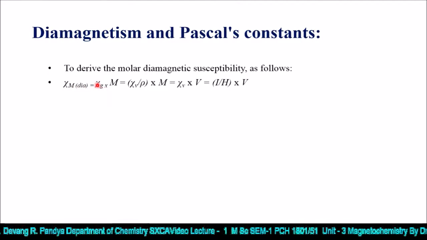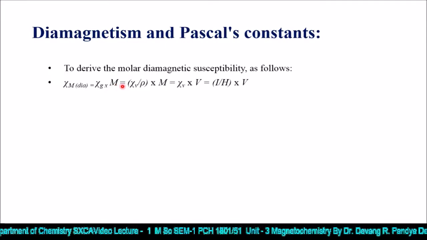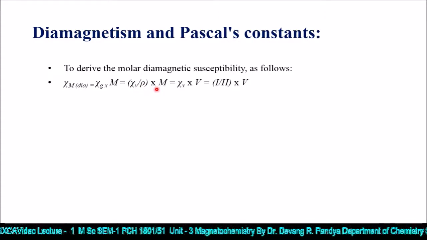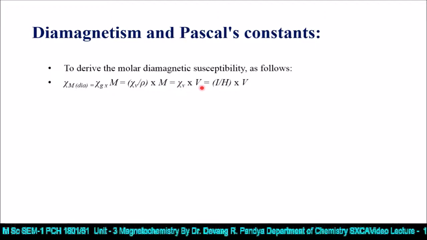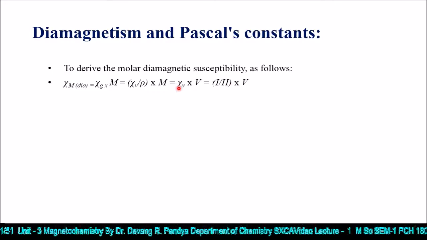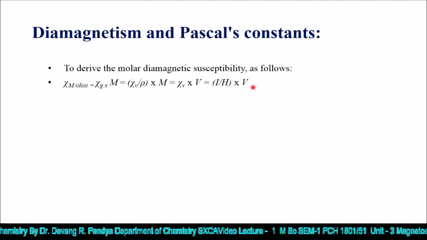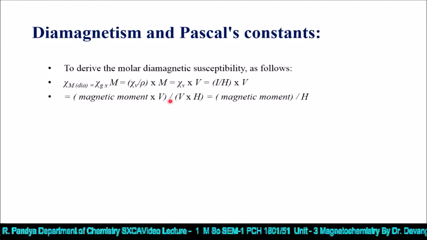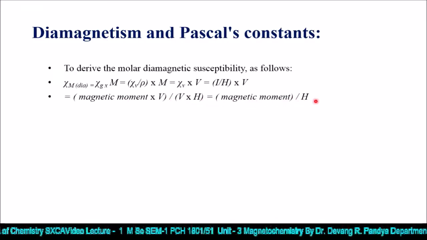M is the molar mass of the substance, and that is equal to χ_v by ρ into M, that is equal to χ_v into V, where χ = I by H. χ, that is the magnetic susceptibility, is intensity divided by applied magnetic field into unit volume, and that is equal to magnetic moment into V by V into H, which is equal to magnetic moment divided by the applied field.